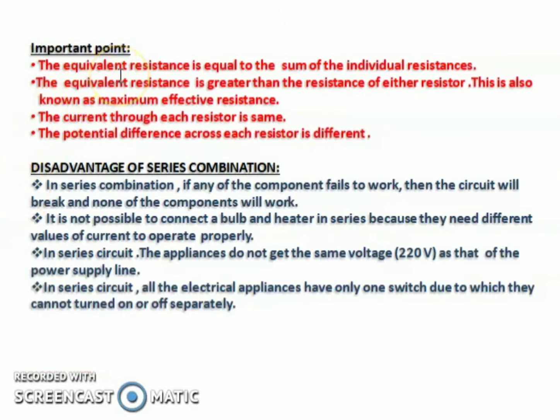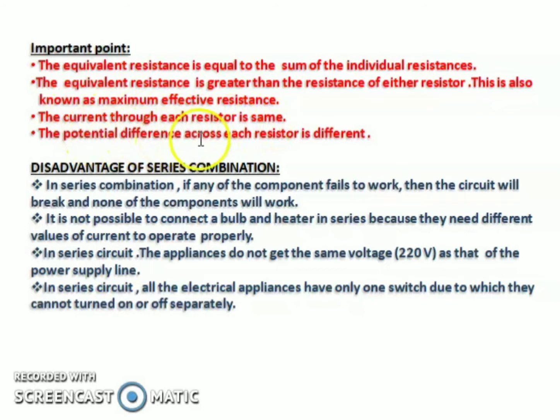Important points related to series. The equivalent resistance is equal to the sum of the individual resistances. The equivalent resistance is greater than the resistance of each resistor. This is also known as the maximum effective resistance. The current through each resistor is the same.